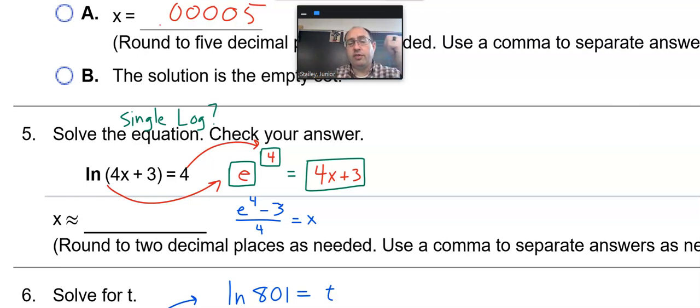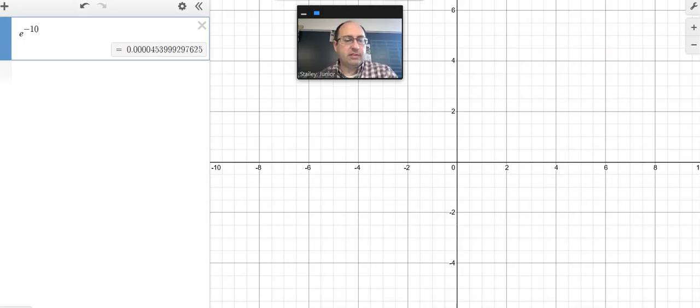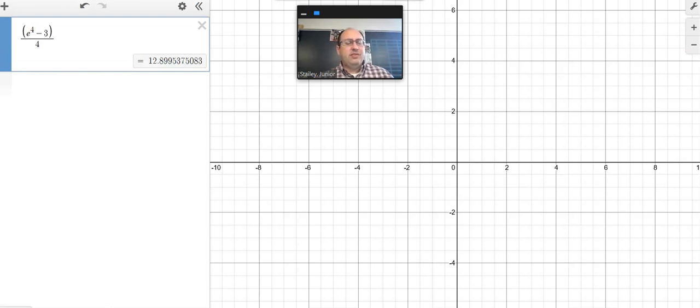So you'll notice what I wrote underneath. e to the 4th minus 3 all over 4. So we can then do that on a calculator and get the exact answer. They want it rounded to 2 decimal places. I had to use some parentheses so that I could do the division. If you have one of those cool new color graphing calculators, it creates the fraction for you, the vertical fraction. It can, I should say.